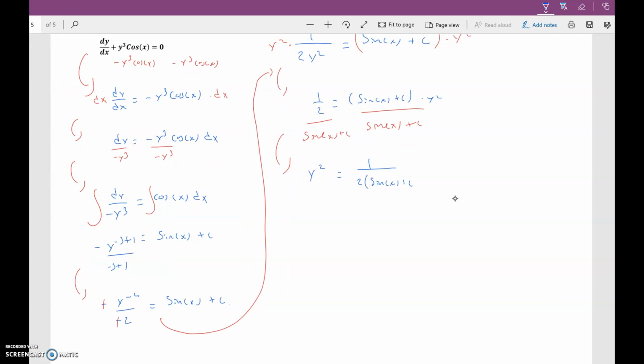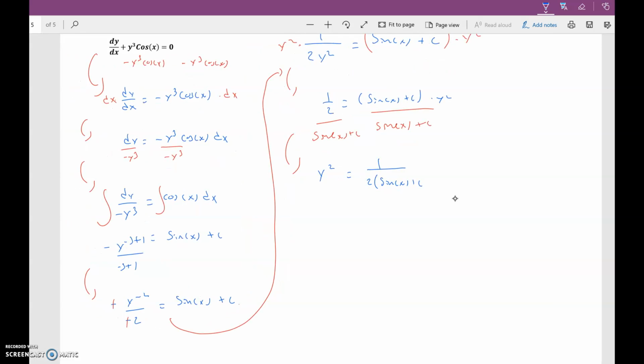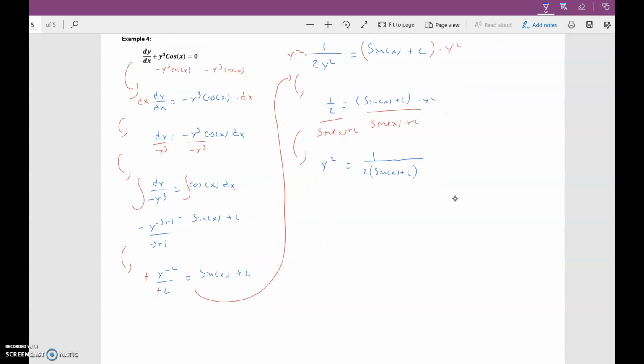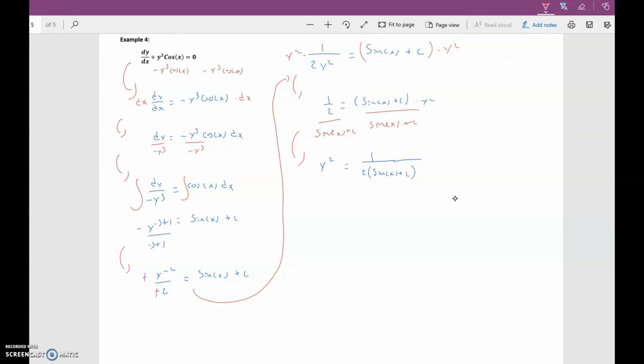So we're looking at y squared, and then the next step to completely isolate the y's, I'm going to take the square root. So we're looking at y is equal to plus and minus the square root of 1 over the values of 2 sine of x plus 2c.